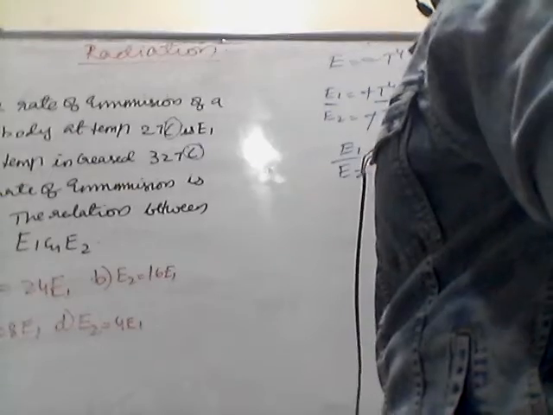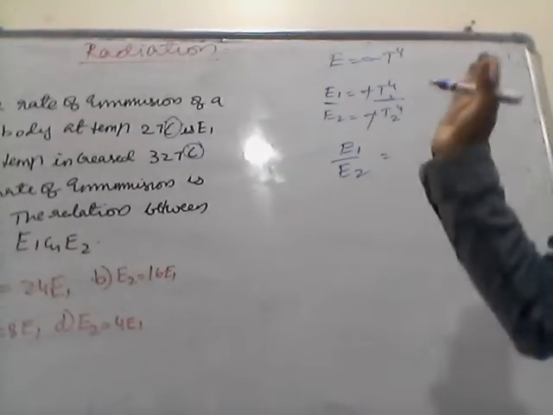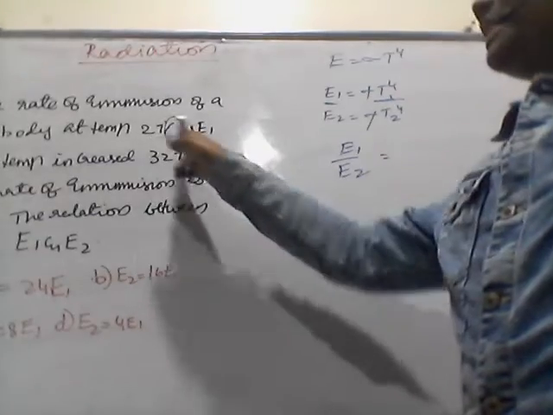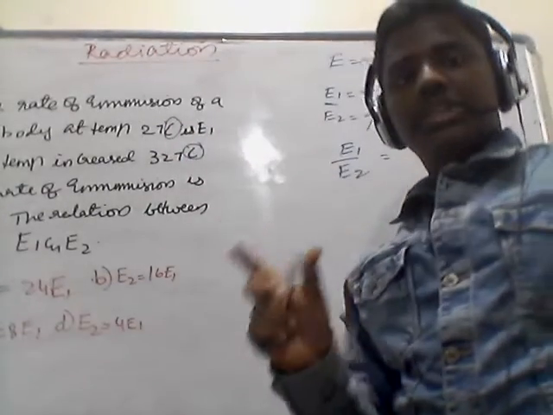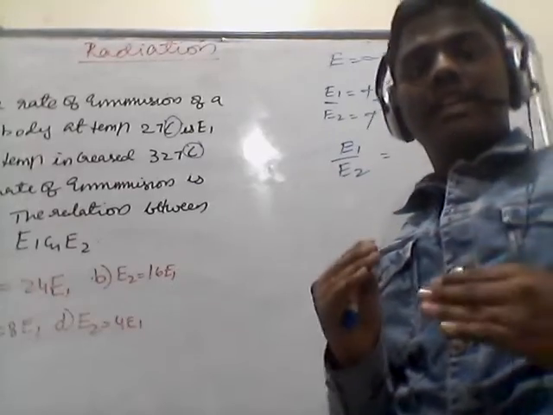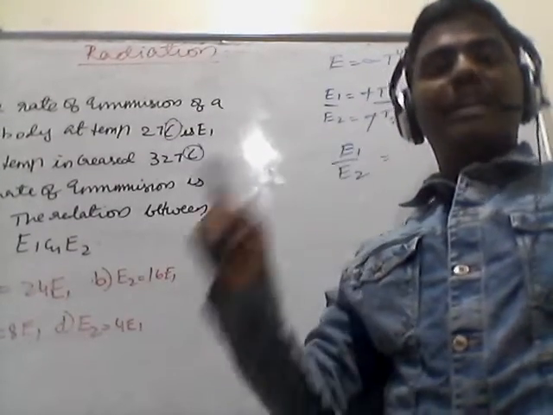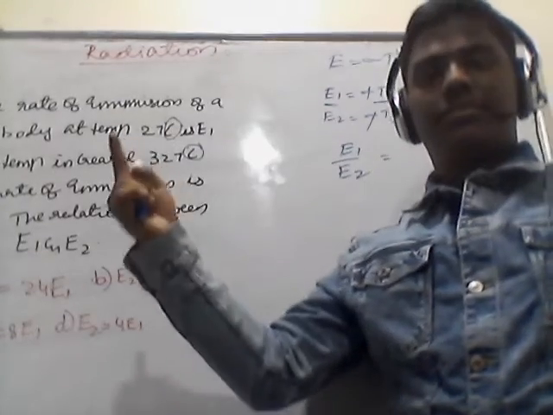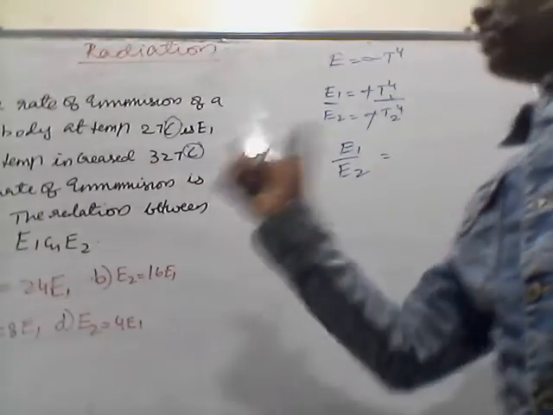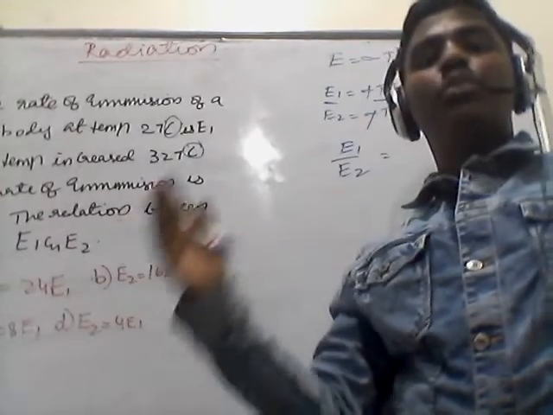Now see, here comes another twist. The temperature is given in Celsius, but it should be in kelvins, because when we wrote the relation, the Stefan's constant has units of watt per meter square Kelvin power 4. So units cannot be in centigrade; you have to convert them into Kelvin.